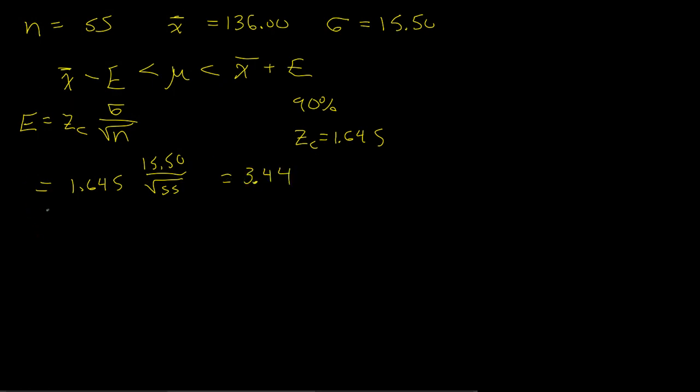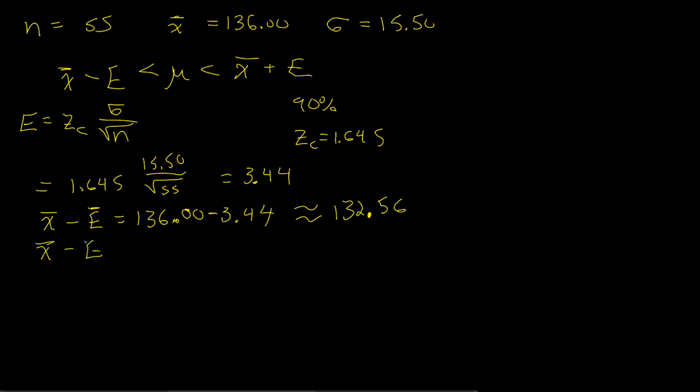So for our confidence interval, our lower bound is our x bar minus 3.44, which is 136 minus 3.44. I'm not going to flip over to the calculator for these. 136 minus 3.44 is 132.56, and for the upper bound, I add them.